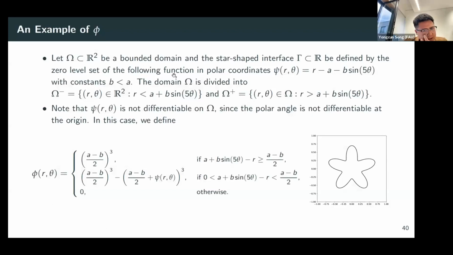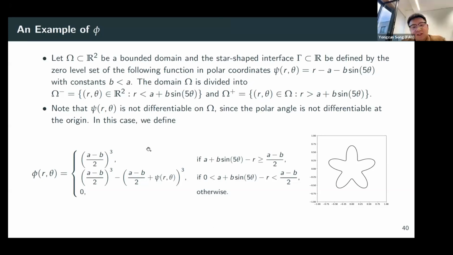Here we consider omega as a two-dimensional bounded domain containing a star-shaped interface, as illustrated in this figure. It is the 0 level set of this function, in polar coordinates. Here the function is not differentiable on omega because the polar angle is not differentiable at the origin.